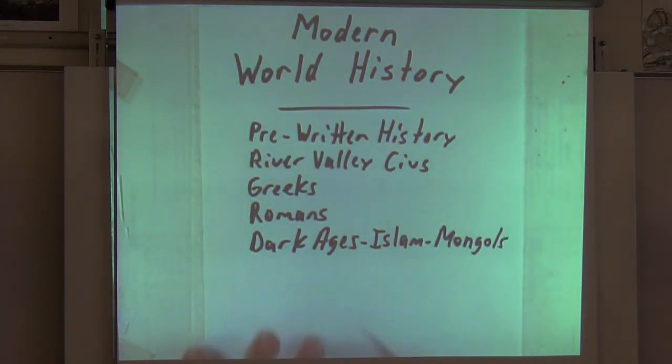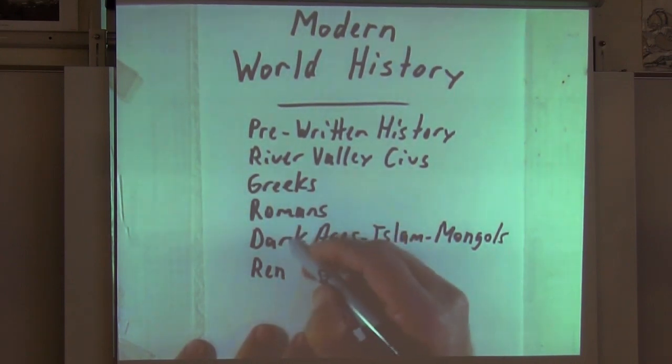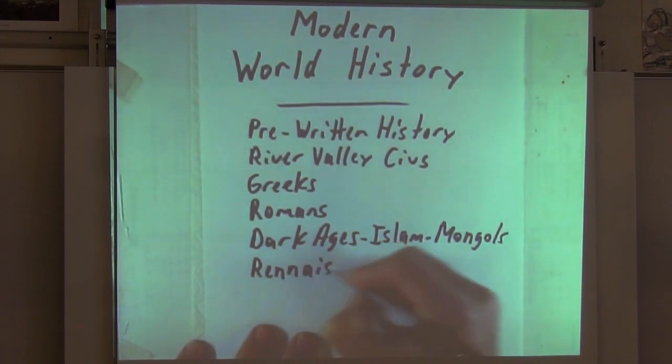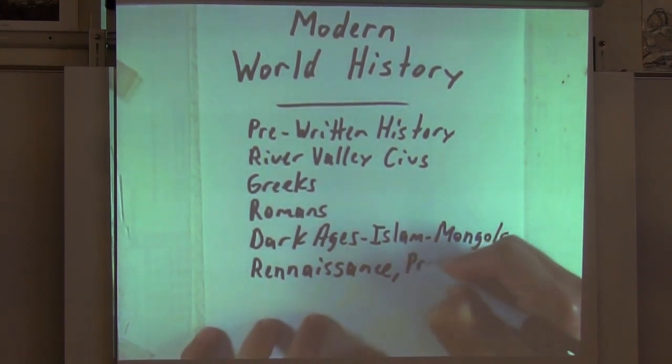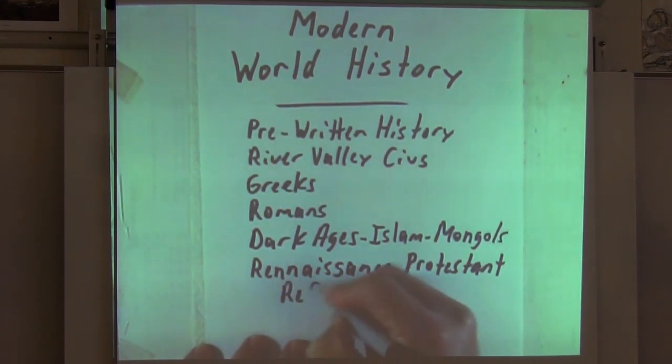And then when that sort of came to the end, and as the course itself was ending, we started to talk about the time periods that all sort of happened together. For example, the Renaissance. I think I spelled that wrong, but we'll just put it just like that. This Renaissance, the Protestant Reformation, remember all that business?